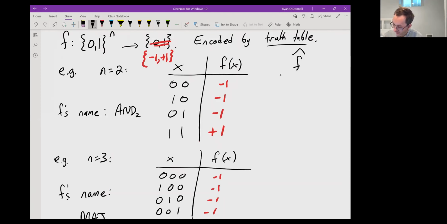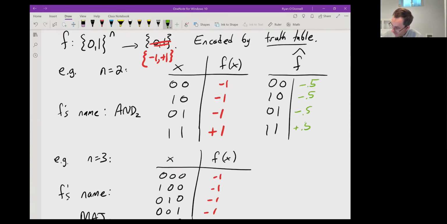F hat is the name of the alternate list of 2 to the n numbers. And it looks like this, 0, 0, 1, 0, 0, 1, 1, 1. And here are the numbers in this particular case: 0.5, negative 0.5, negative 0.5, negative 0.5, and positive 0.5. Okay, so this is for the AND function. This is the alternate list of 2 to the n numbers, or 4 numbers, for this function.